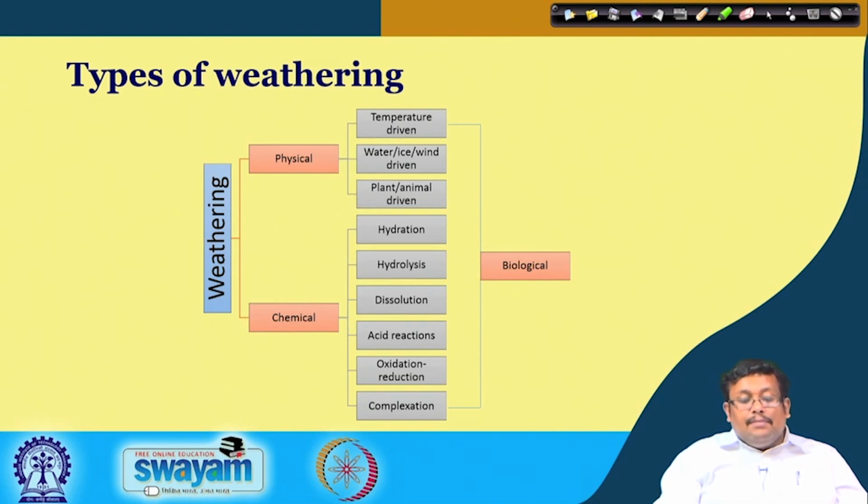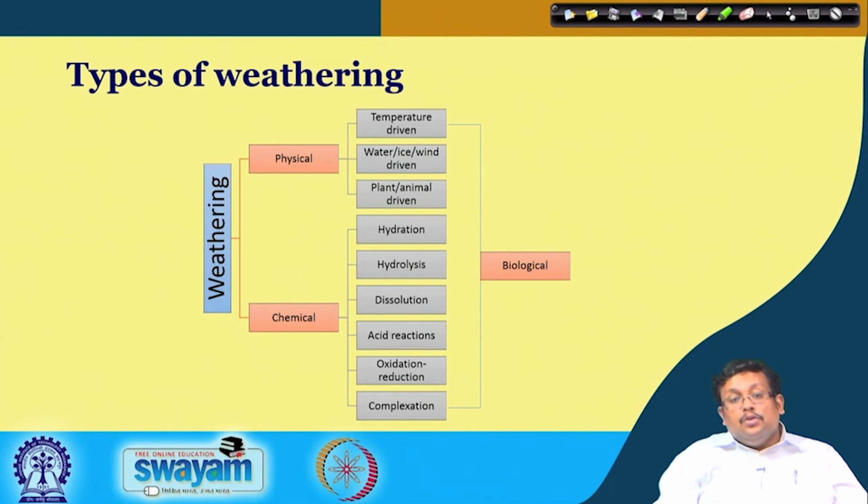Now, as I told you at the beginning of this lecture, biological weathering is a combination of both physical and chemical weathering, because biological agents like microorganisms, macroorganisms and plant roots can exert different types of physical or chemical pressure.